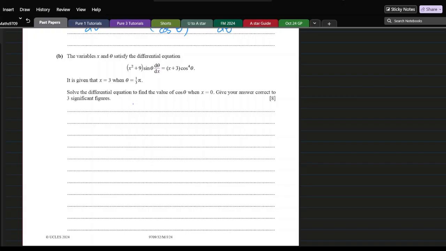Give your answer correct to 3 significant figures. So let's start by separating our variables. On the left hand side, we're going to have sine theta over cos to the 4 theta, moving this cos to the 4 theta to the left, and this is with respect to theta. Then everything that has x is going to the right hand side, so we end up with x plus 3 over x squared plus 9, and this is with respect to x.